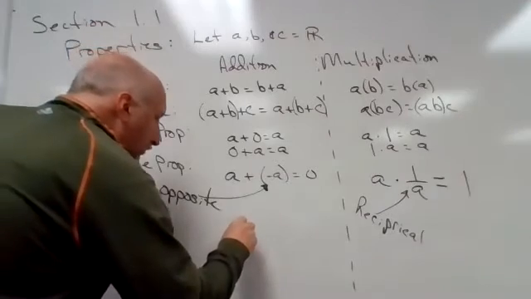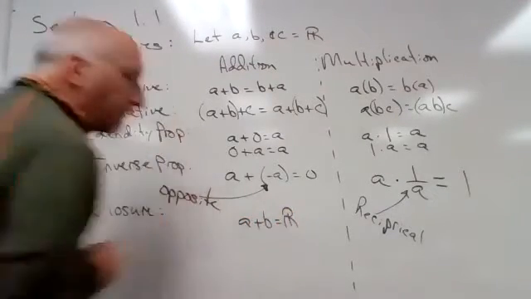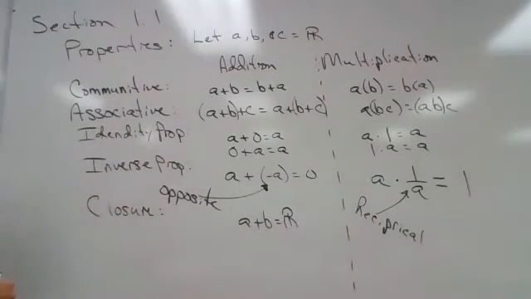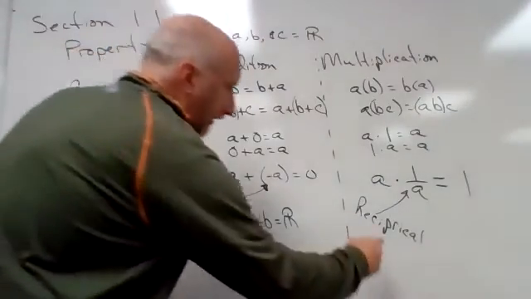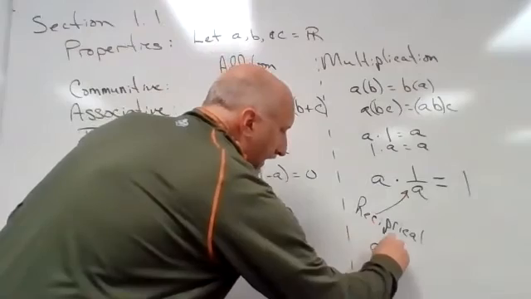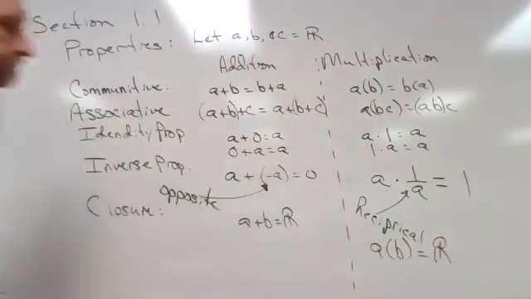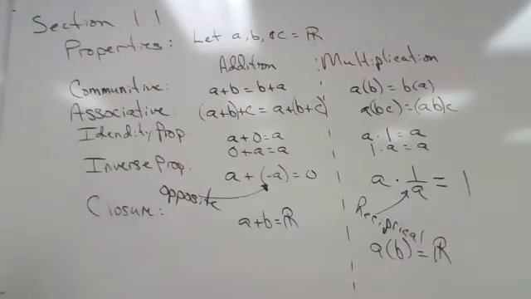So if I'm adding two real numbers together, I will get a real number for an answer. In other words, my answer stays within the set of numbers I'm working with. It's got closure. Same with multiplication. A times B will also give you a real number for an answer if you're starting with real numbers, okay?